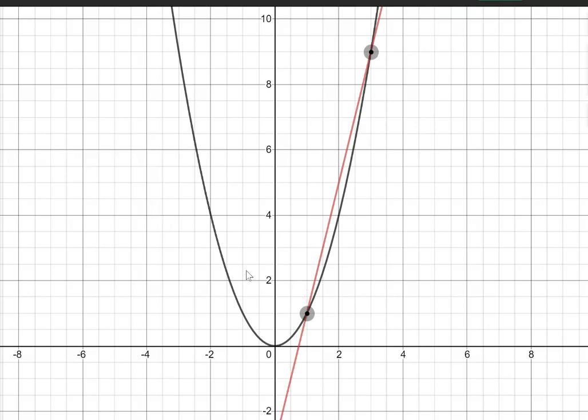And I have here a point at (1, 1), and let's say this is our P right there. Let's assume this is our Q point, and we're going to start getting closer and closer to P.